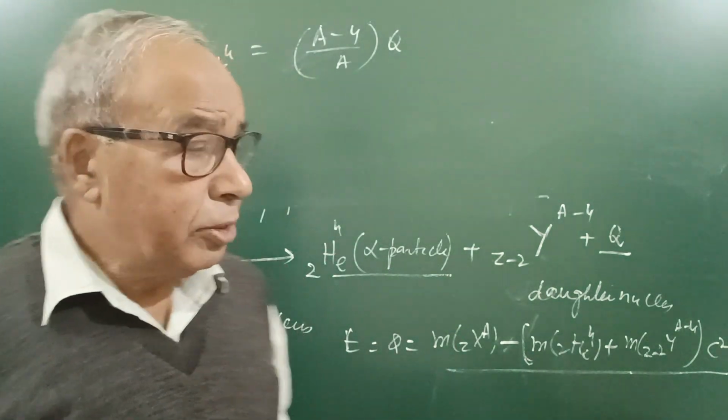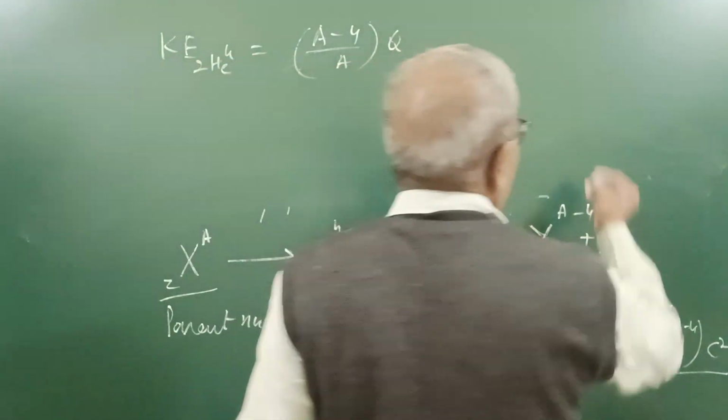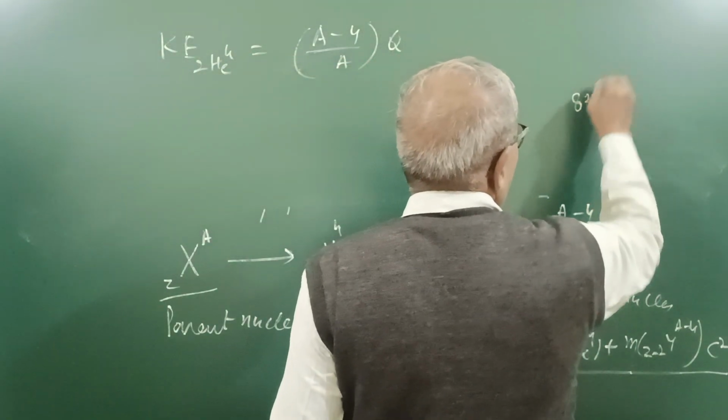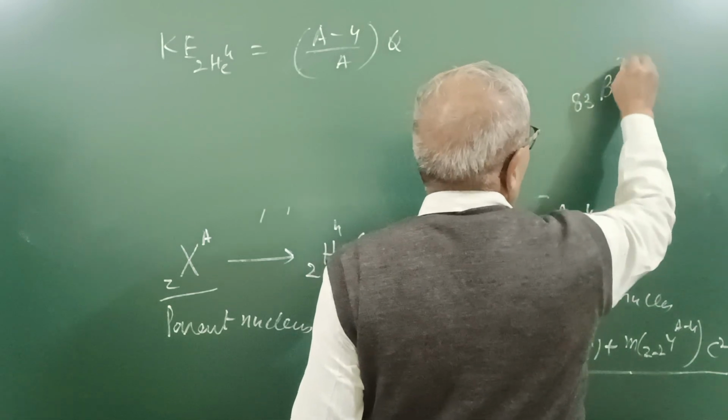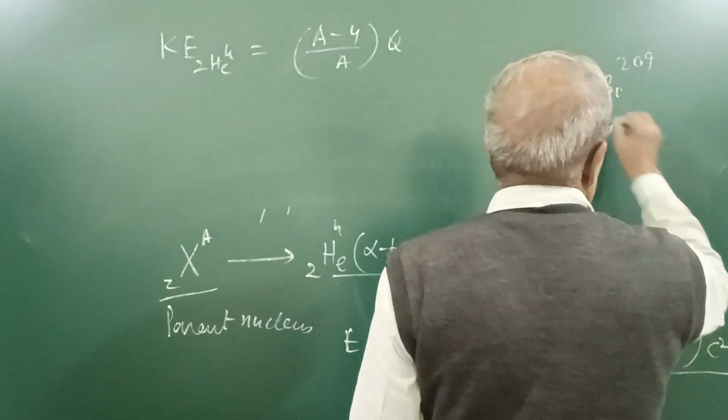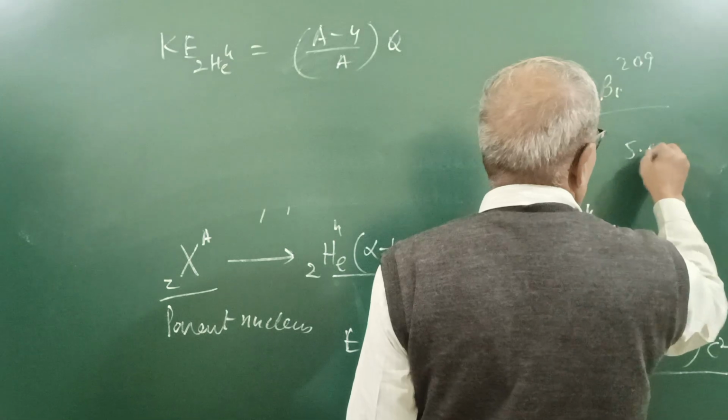For example, for 83 bismuth 209, the kinetic energy of the alpha particle was found to be 5.5 MeV.